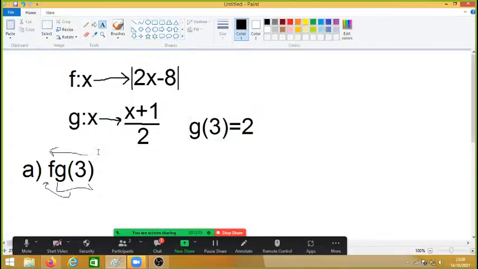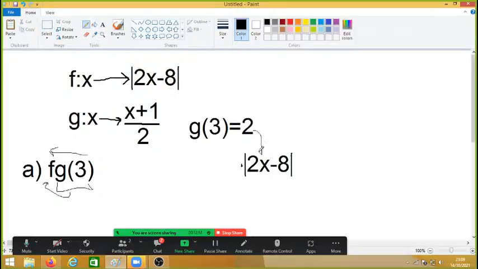And now I want to put that g of 3, which is the 2, into the function f. So that 2 has to go into this function f. So let's grab a copy of that function, and we want to put the 2 where the x is.